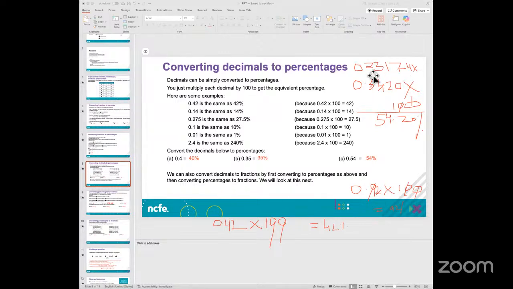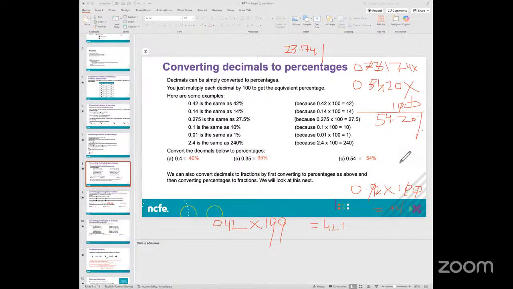So when you multiply this by 100, you'll have 10 which cancels out here, 10 which cancels out here. So it will become 23.174%. And you put the percentage symbol next to it.